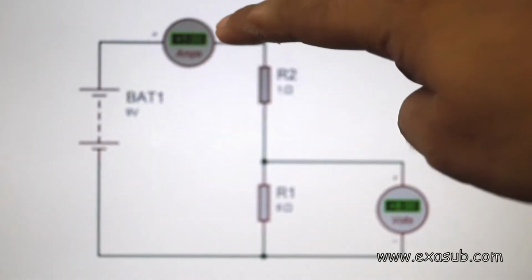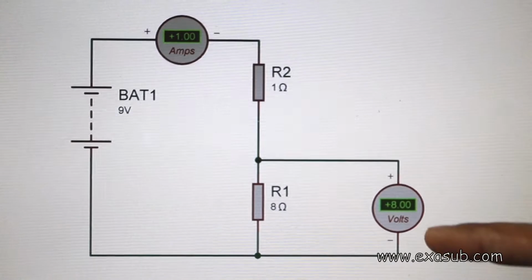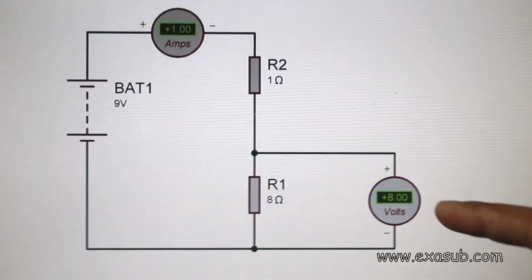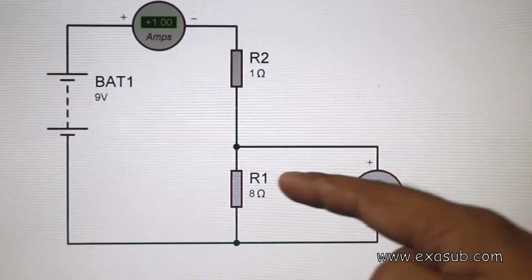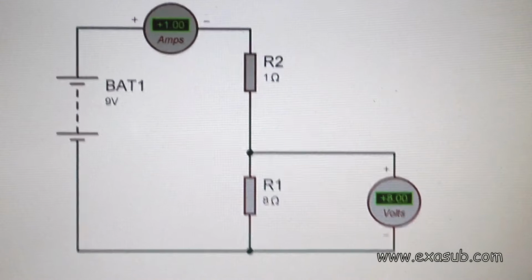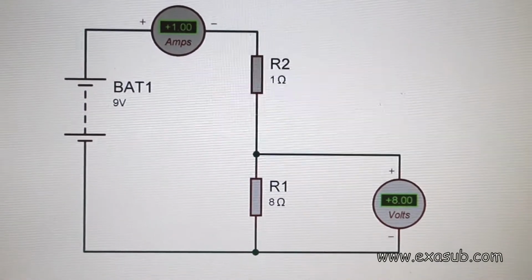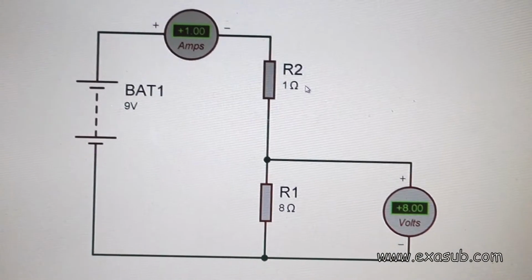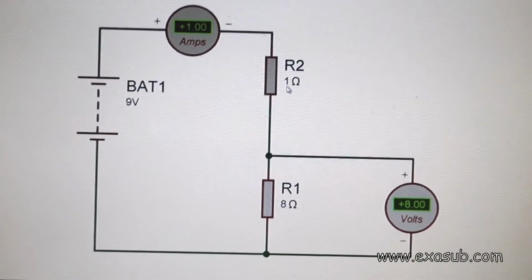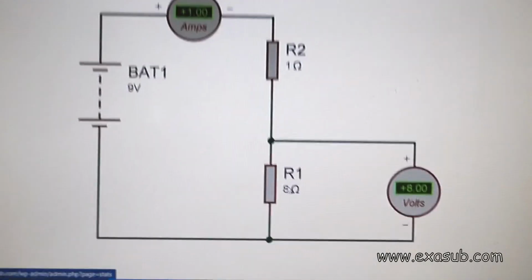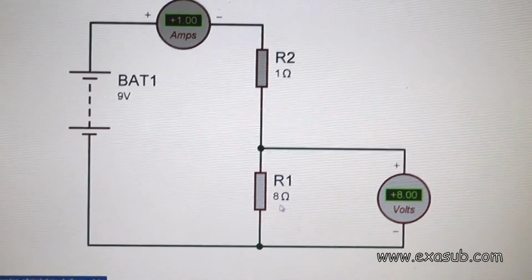It is measuring 1 amp of current, and here we have a voltmeter which is measuring voltage across R1. So this R2 has a resistance value of 1 ohm, and this R1 has a value of 8 ohm.